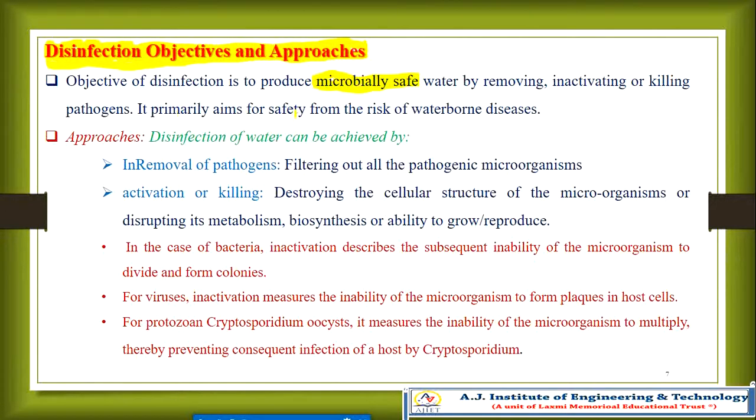The primary aim is safety, free from the risk of waterborne diseases.